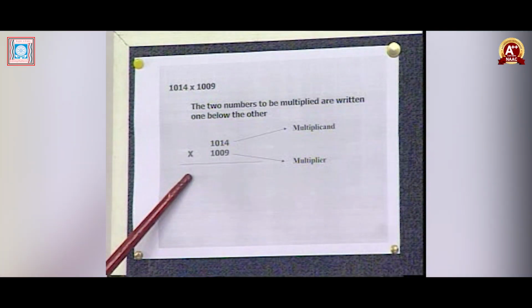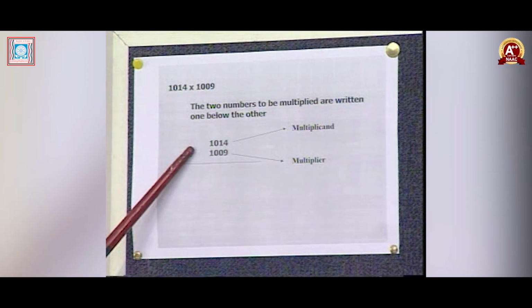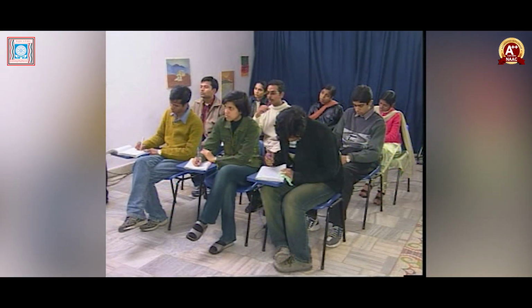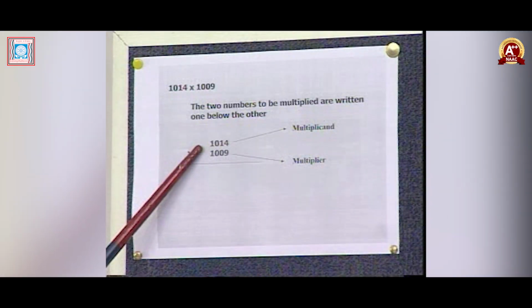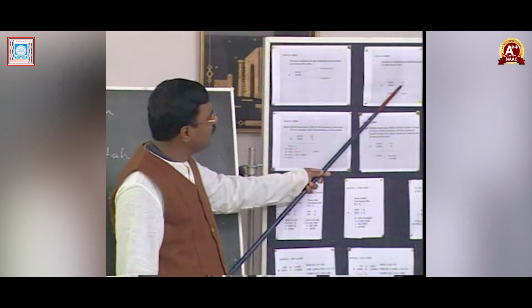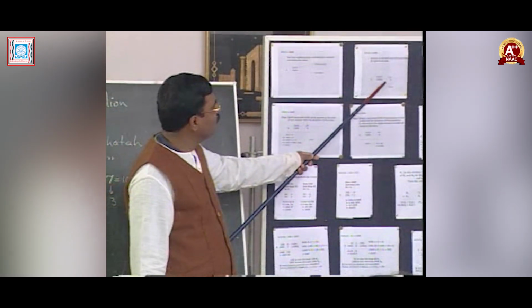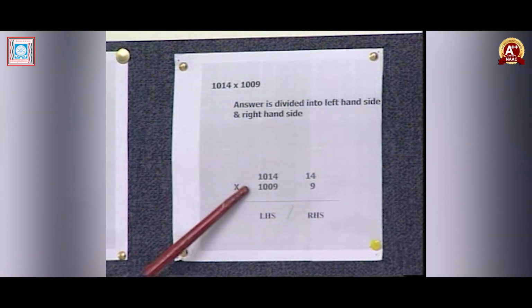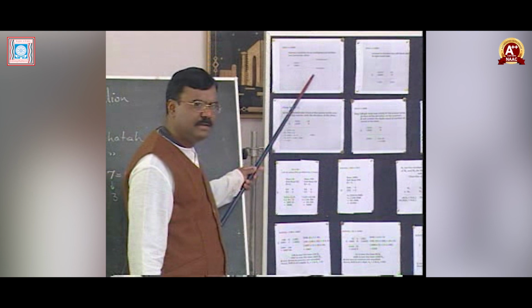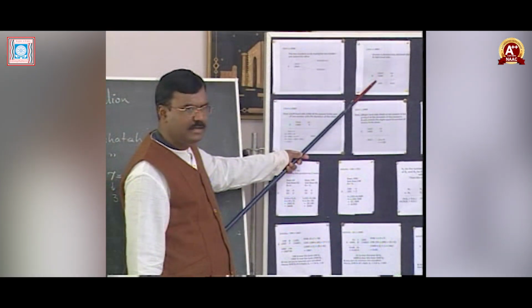These two numbers are more than the base, that is, more than 1000. These two numbers are nearer to 1000. How much is more in the first number? 14. You write it in front of 1014. This 14 is the deviation of 1014. What is the deviation of 1009? 9. You write the 9 in front of 1009.